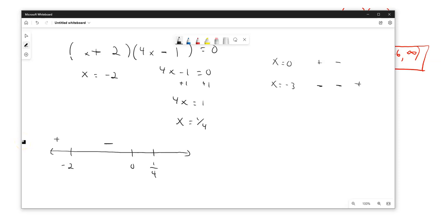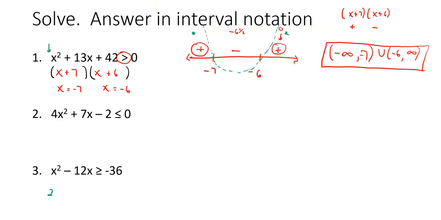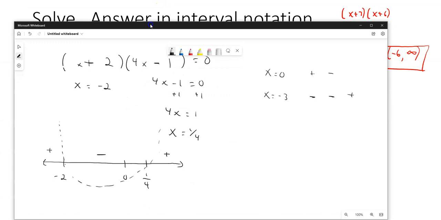And if you think about what the graph is doing, it's a graph that opens upwards, so it's coming down and then back up again. If it's positive here and negative here, it's positive here. Now, what did the original question ask me to do? It said less than or equal to 0. So less than or equal to 0 is this piece in the middle between negative 2 and positive 1/4.